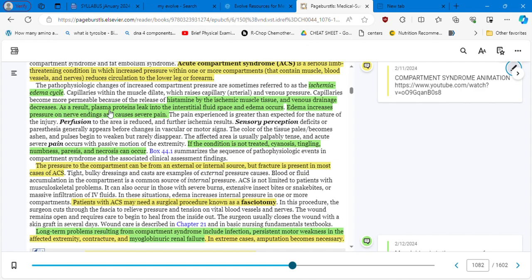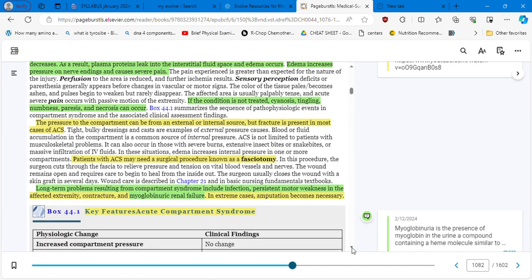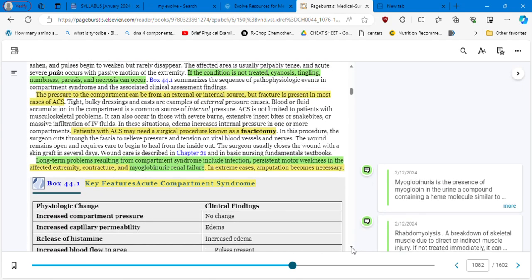As a result, plasma protein leak into the interstitial fluid space and edema occurs. Edema increases pressure on nerve endings and causes severe pain. If the condition is not treated, cyanosis, tingling, numbness, paresis, and necrosis can occur. That's why it's very important to understand the pathophysiology of compartment syndrome.